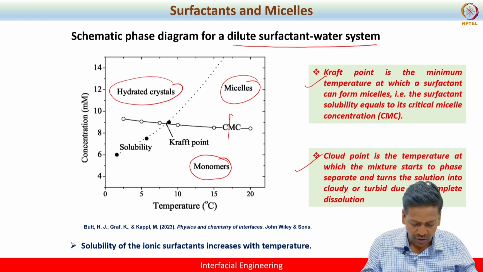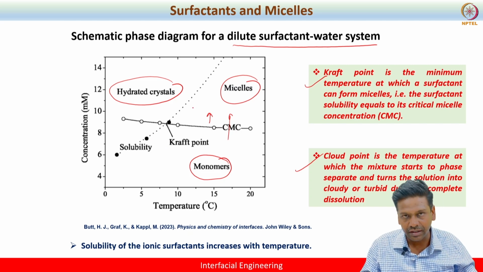If you are above the Kraft point and above the CMC line, only then are the micelles favorable. So going from monomer to micelles, you should know two parameters: the Kraft point and the CMC. If you are above the CMC but not above the Kraft point, you cannot attain the micelle state.